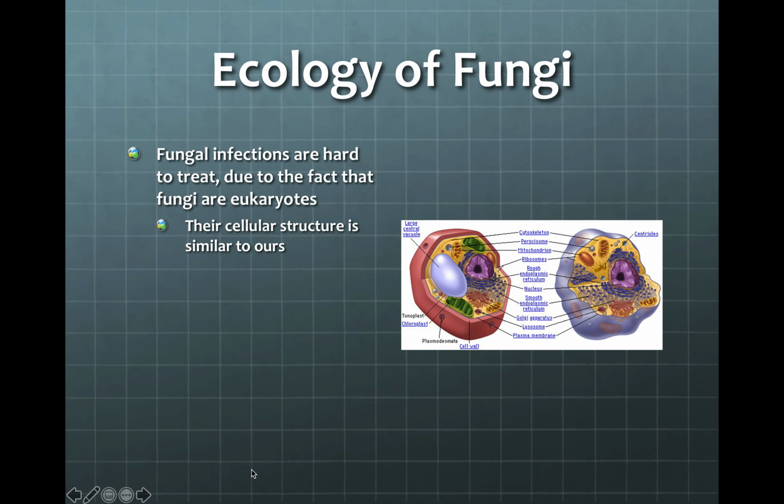All right, and we've talked about this before too. Fungal infections are very hard to treat due to the fact that they're eukaryotes. I mean, they are like us, and their cellular structure is very similar to ours, and so it's very, very hard to kill something that is living inside of a living organism when the structure cellularly is very similar.